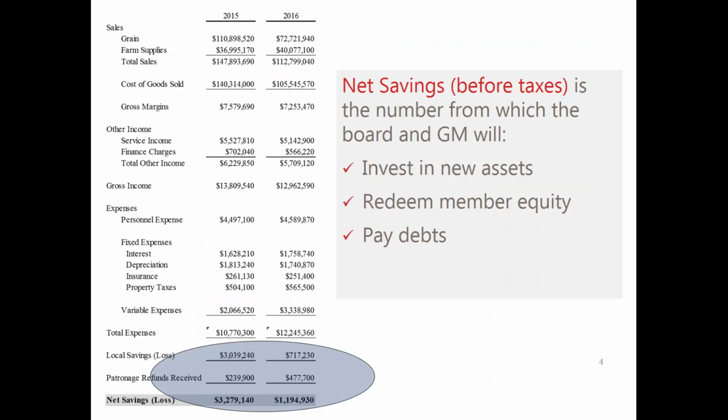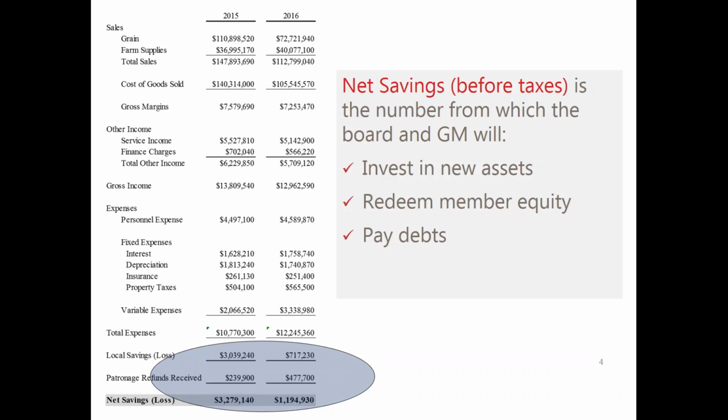This is an example of an operating statement or an income statement for a cooperative, and really one of the big differences you're going to see if you're used to looking at income statements is the difference between, in that bottom line, that local savings or loss, and then the line you see second to the bottom there, patronage refunds received. Those are patronage lines from their regional partners.